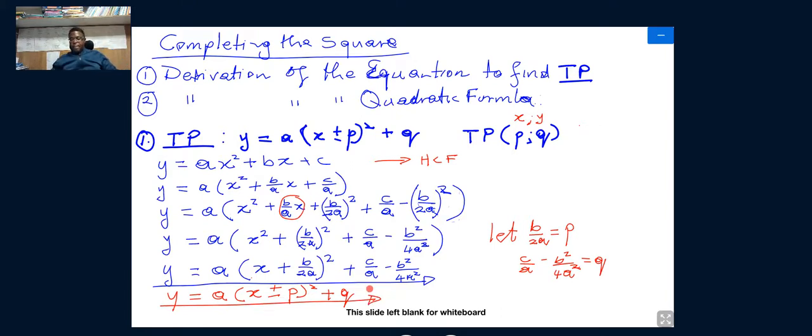Alright. To do the quadratic formula then is easy, because in the quadratic formula we apply the same principles as we have done. The difference is that the equation is equal to 0 and we are solving for x.